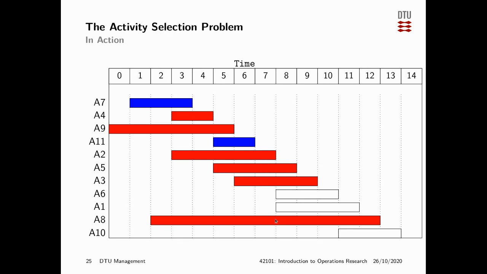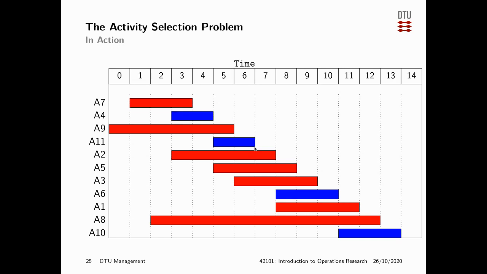The next activity we can add is activity 6. This removes activity 1 from consideration because that conflicts with activity 6, and we can finally select activity 10. So the blue activities here are the ones that define the largest subset of compatible activities.